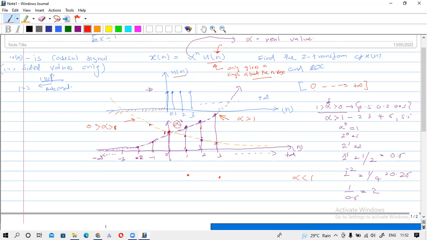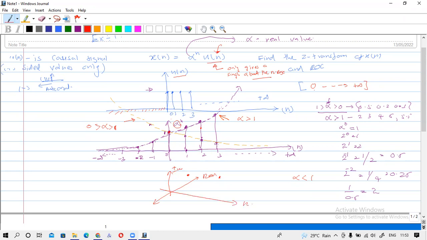What if this alpha is an imaginary value? To plot an imaginary value, we need two dimensions. This will be your real axis, this will be your imaginary axis, and n is another dimension.